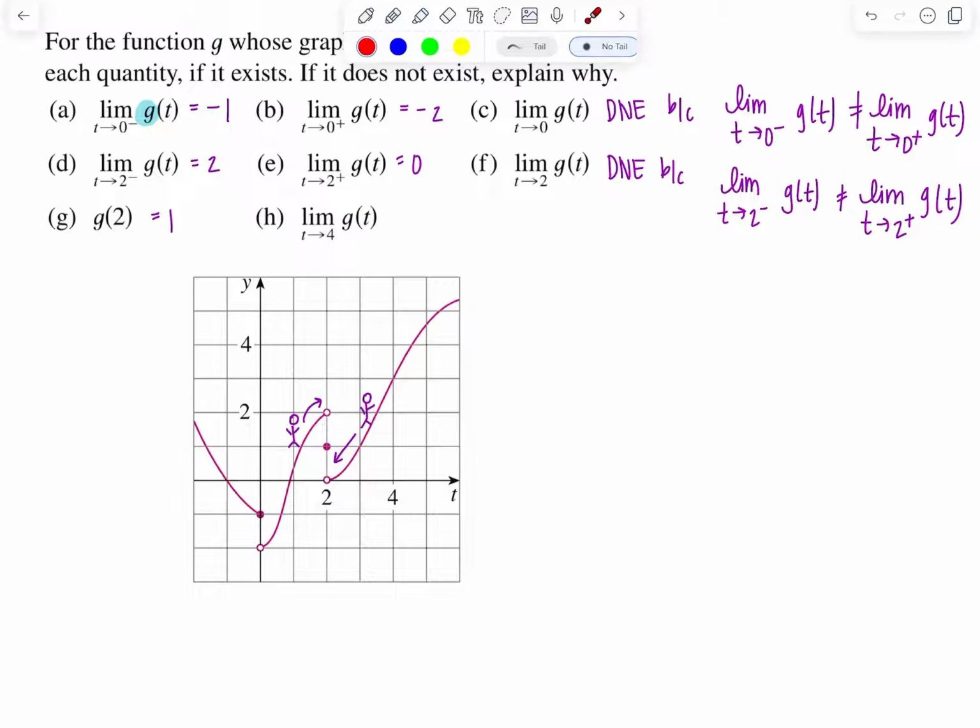Okay, last little part, H, it asks for what is the limit as t approaches 4 of g of t. Now this one's different because they didn't ask us first for the limit for 4 from the left and 4 from the right before the two-sided limit, the way they did in the previous exercises. You see how leading up to C and F, we looked at the limits from either side.